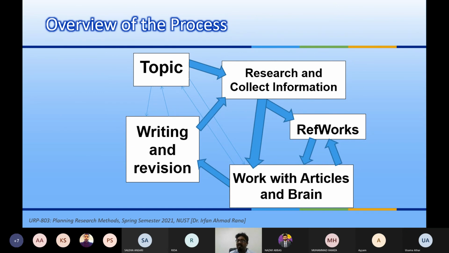It's a loop, with so many feedbacks, where you go to and fro between certain areas just to write a very good paragraph. So that is continuous writing and revision, and ultimately you will come up with a very solid paragraph.